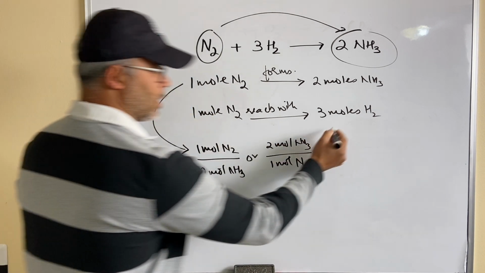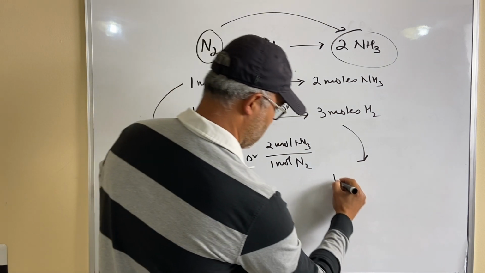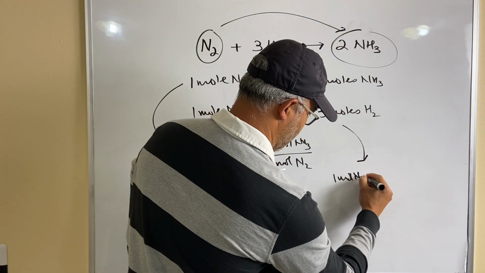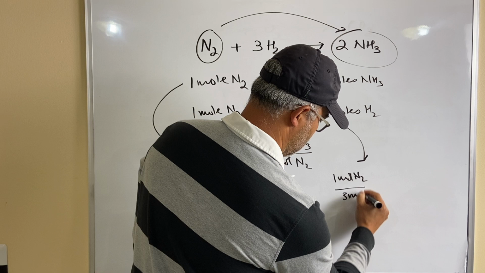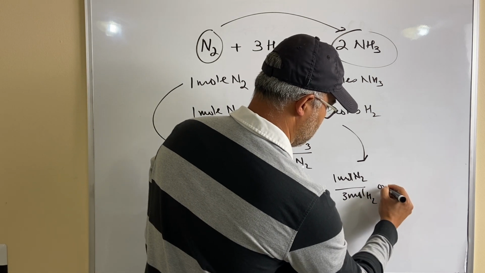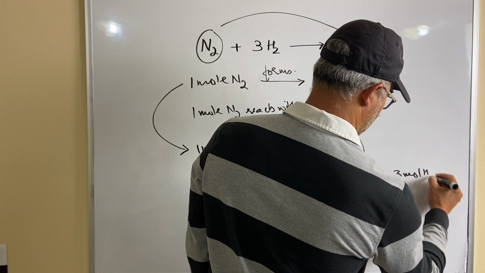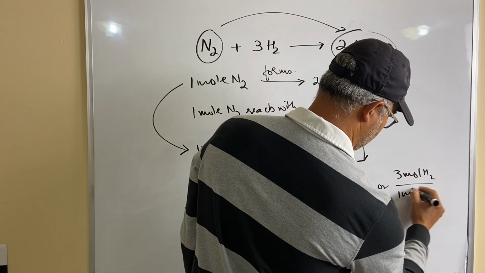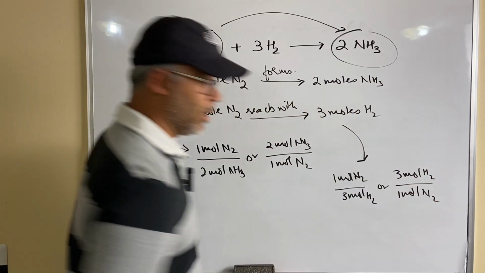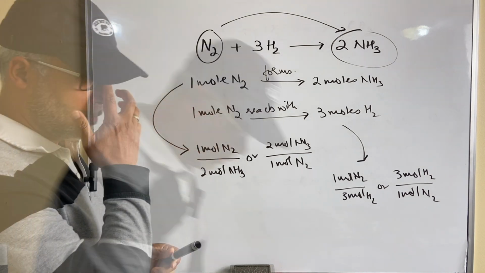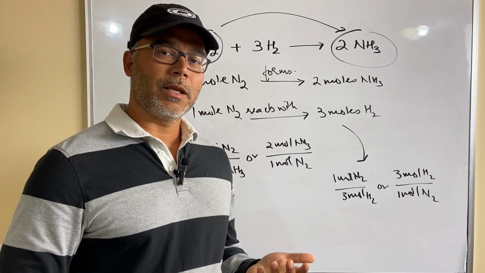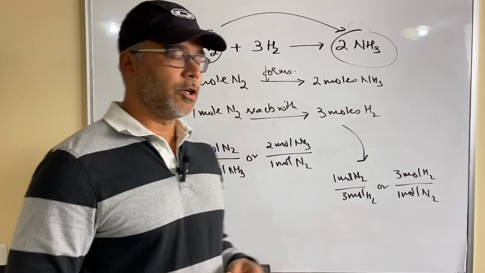And you can do the same thing with this. This one would become 1 mole N2 over 3 moles of H2, or you could write 3 moles of H2 over 1 mole of N2. Okay.